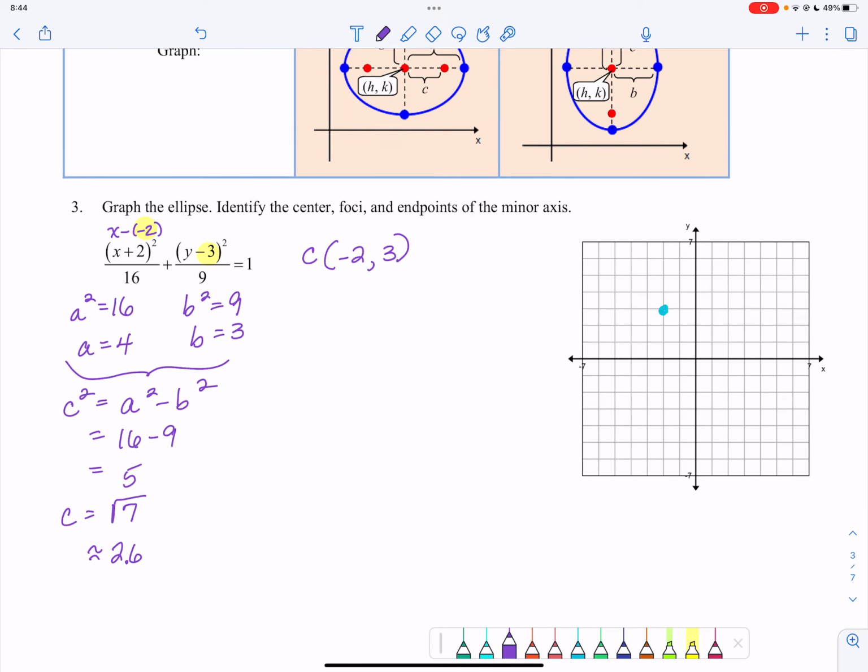Okay, so now if we're going to go ahead and talk about our vertices, we're going to have -2, and we're going to add a, and we're going to have -2 and subtract a. And then, of course, we have that y coordinate of 3. So here we have (2, 3) and (-6, 3).